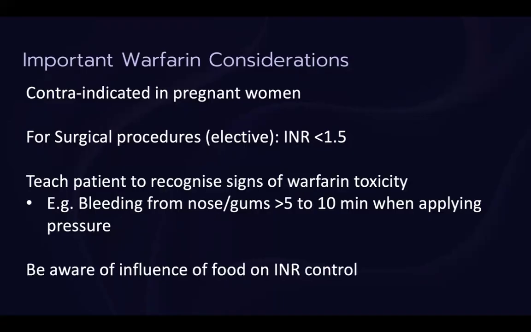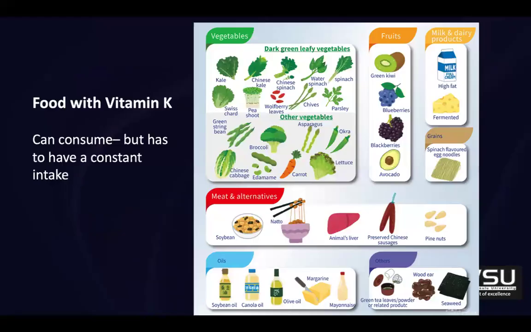There's also the interesting thing that there are some influences of food on managing your INR, and this is a little bit more tricky to teach our patients. The one thing to consider is that there are foods with vitamin K. The point is not to tell our patients they can't consume foods with vitamin K, but if they have favorite foods that contain vitamin K, they must be eating them regularly.